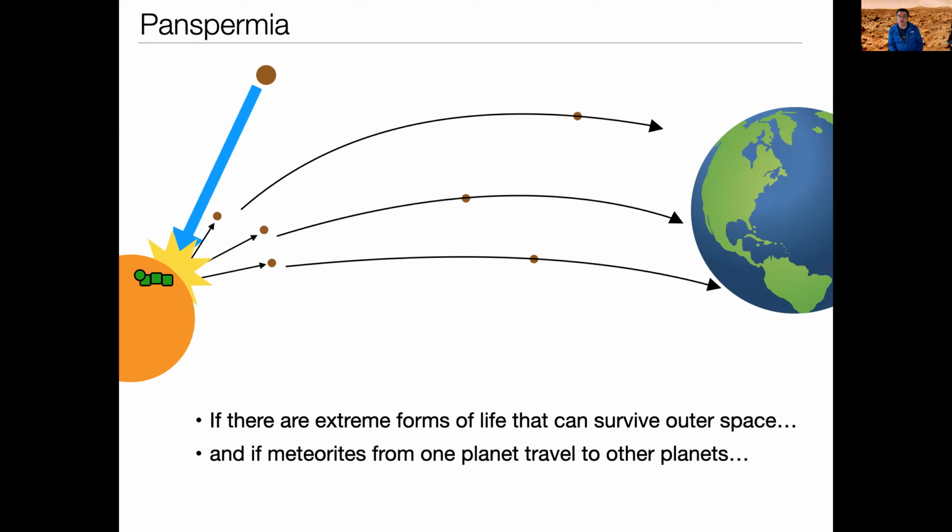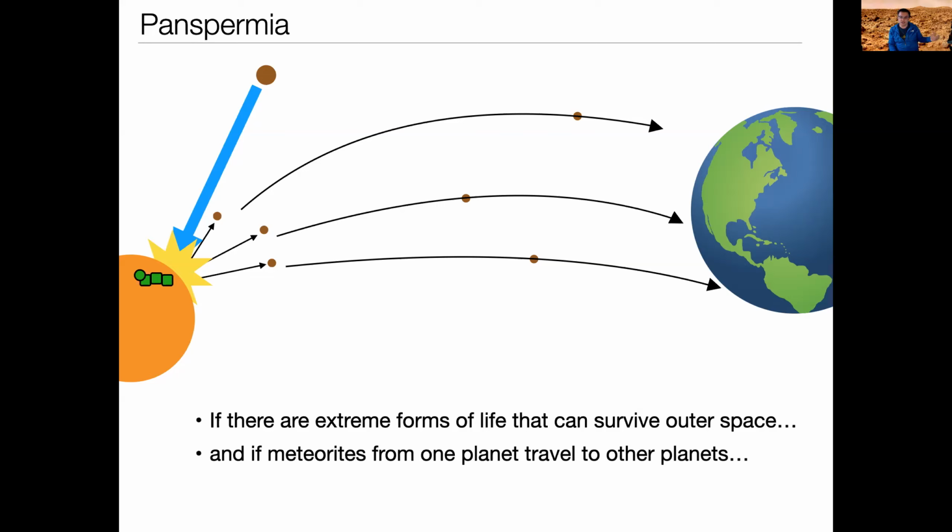So if there are extreme forms of life, like the tardigrade, that can survive in outer space, then there's this interesting question, which is, if meteorites can certainly travel from one planet to the other, as the Allan Hills meteorite has, then maybe they not only could carry evidence of life from wherever they came from, like the microfossil-like structures, the possible microfossils that we see in the Allan Hills meteorite.